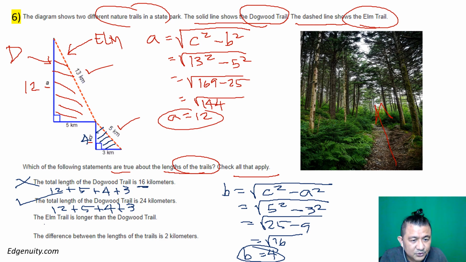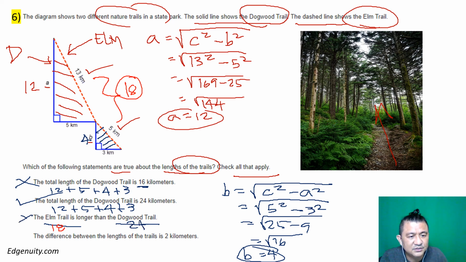The elm trail is longer than the dogwood trail. Is that true? 13 plus 5 gives me 18. And remember, we got a 24. Elm trail is 18. Dogwood trail is 24. So that's false. It's not correct.